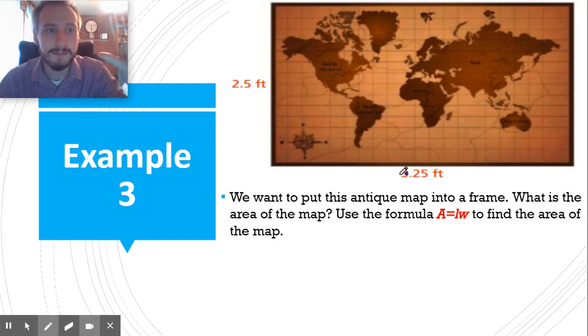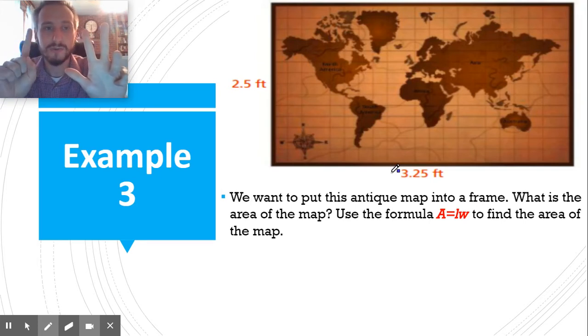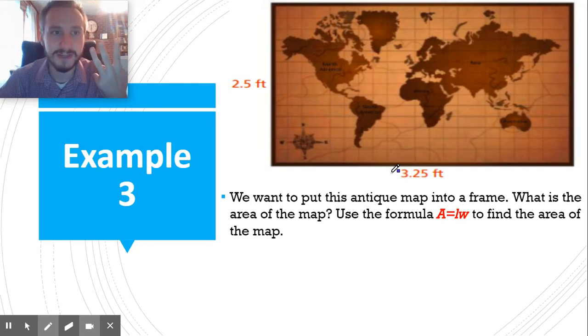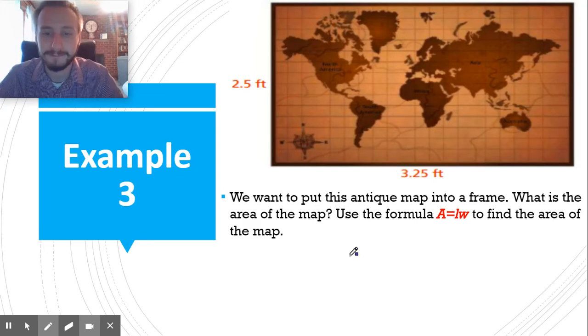Does 3.25 have more numbers, or does 2.5? 3.25 has 3 digits and 2.5 has 2 digits. So 3.25 needs to go on top and 2.5 needs to go on the bottom.